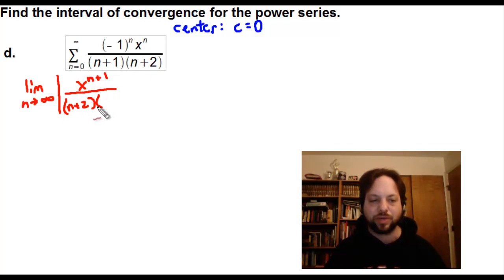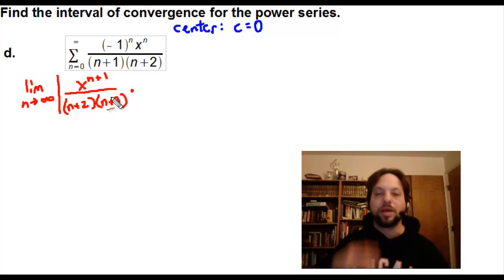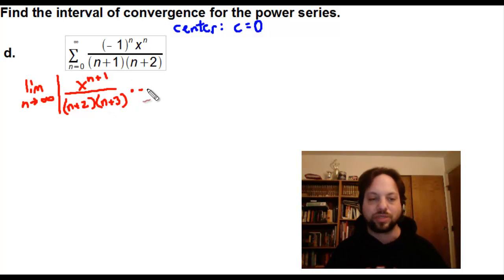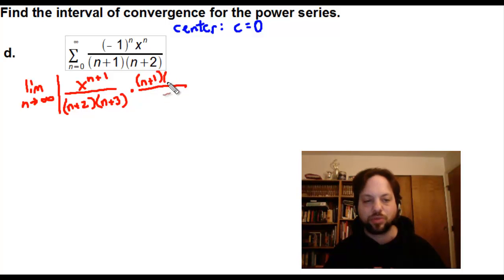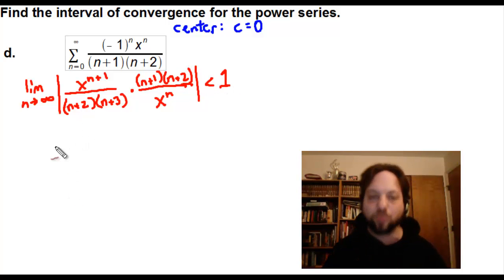And if I plug in n plus 1 here, that will give me n plus 3. So there's going to be my next term. My current term, or rather the reciprocal of my current term, will be quantity n plus 1, quantity n plus 2. And then in the denominator, I'll simply have x to the nth power. Now, of course, because I'm trying to do convergence, I'll set that to be less than 1.